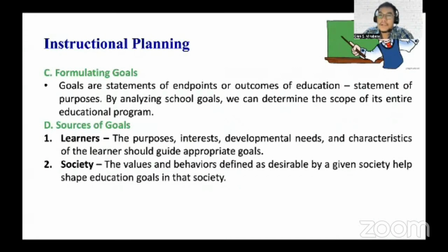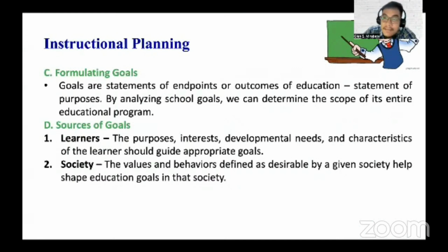So for example, even if society is not respecting parents, the school still adheres to the principle that this should be the case because being good, being moral is what is right, is the right thing to do for the students.